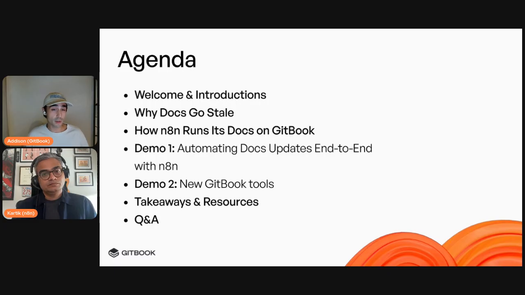Things can get buried, specifically updates to your docs. So we're going to take a look at how they keep their docs up to date end-to-end using n8n as well. We'll also dive into some of the new GitBook tools that we offer to help you manage a lot of these updates and keep your company's knowledge on your docs up to date with all of the things that are going around. We'll then dive into some takeaways and finish up with a Q&A.